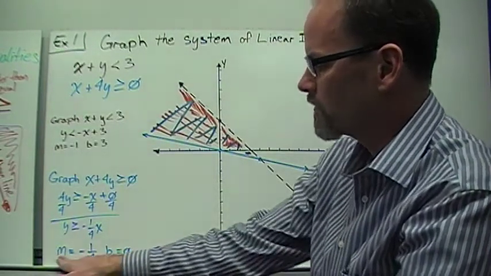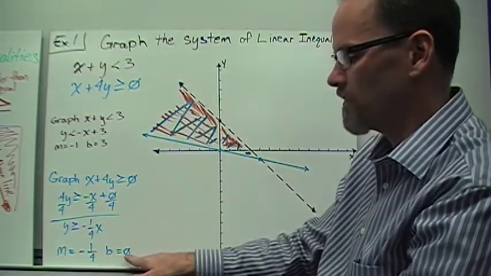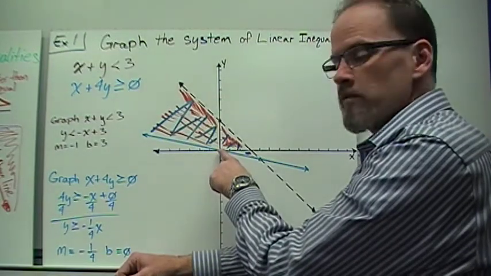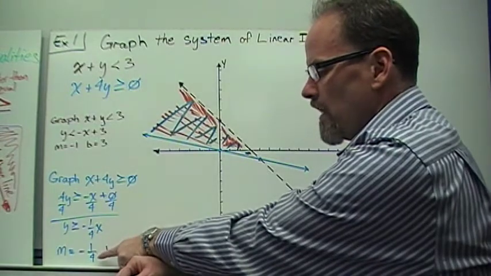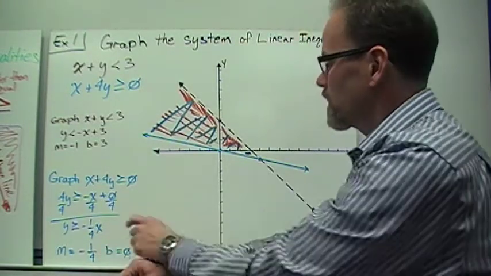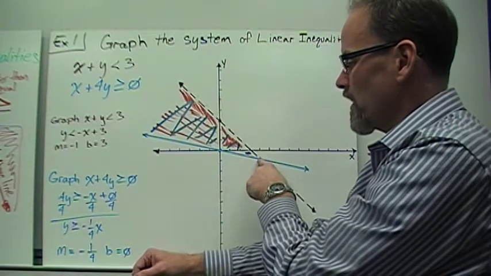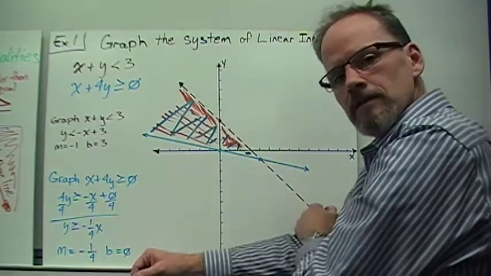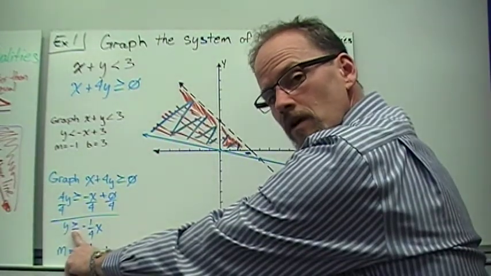So my slope is -1/4, and my y-intercept is actually at 0, 0. I start here with my first plot, and I also have a negative slope with this one. So I'm going to start down, and I'm going to go over 4. And that would be my next point. Notice how this line is solid because of the equal sign in the inequality.